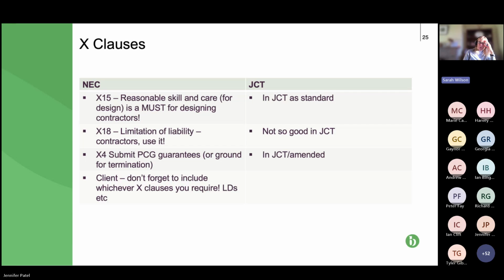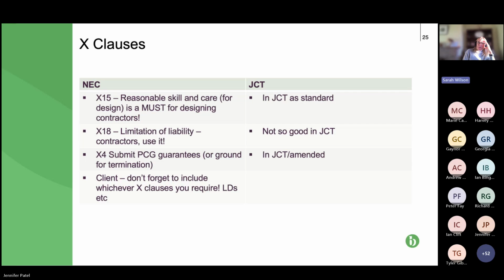There's then a group of X clauses which are additional securities to the paying party. So the third bullet point is one such example. Parent company guarantee, also performance bond, retention is dealt with as an X clause, etc.